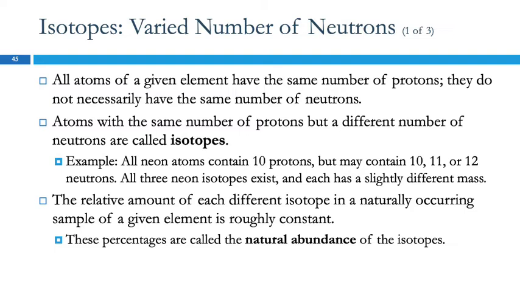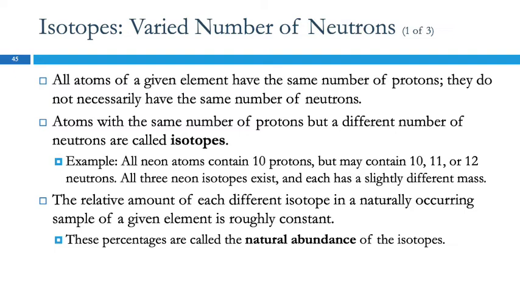So if we look at neon, all neon atoms have 10 protons. But some have 10 neutrons, some have 11 neutrons, and some have 12 neutrons. All three of those exist. They have slightly different masses, because if you have an extra neutron, you're going to weigh about 1 atomic mass unit more than the one with less.